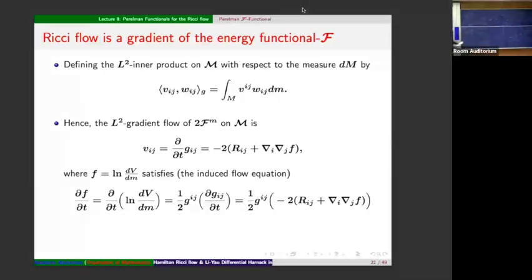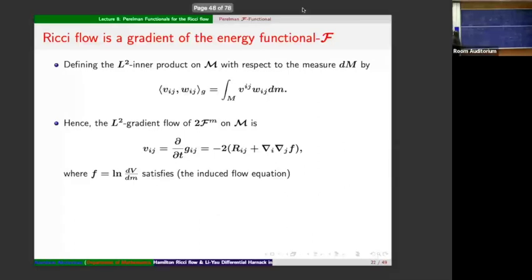Okay, this is a backward heat equation. So this is now the gradient flow of the Perelman F energy function.